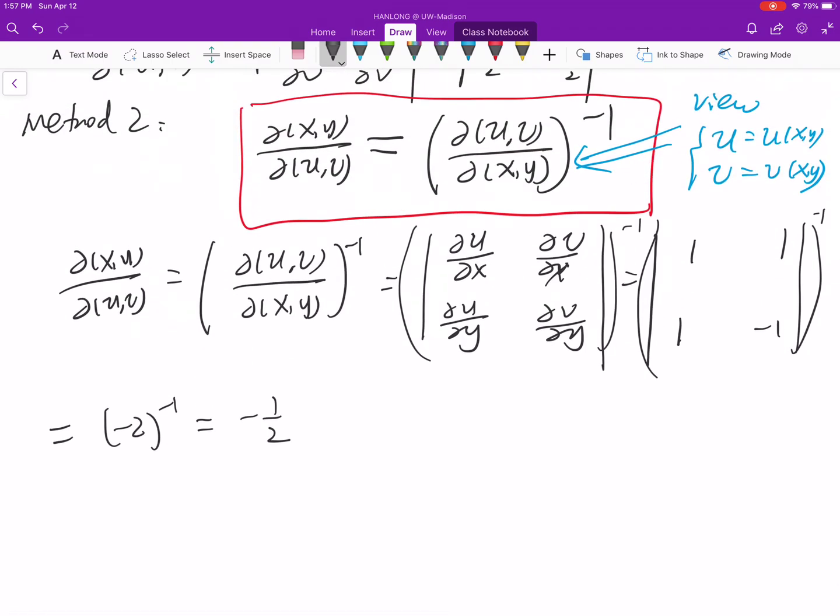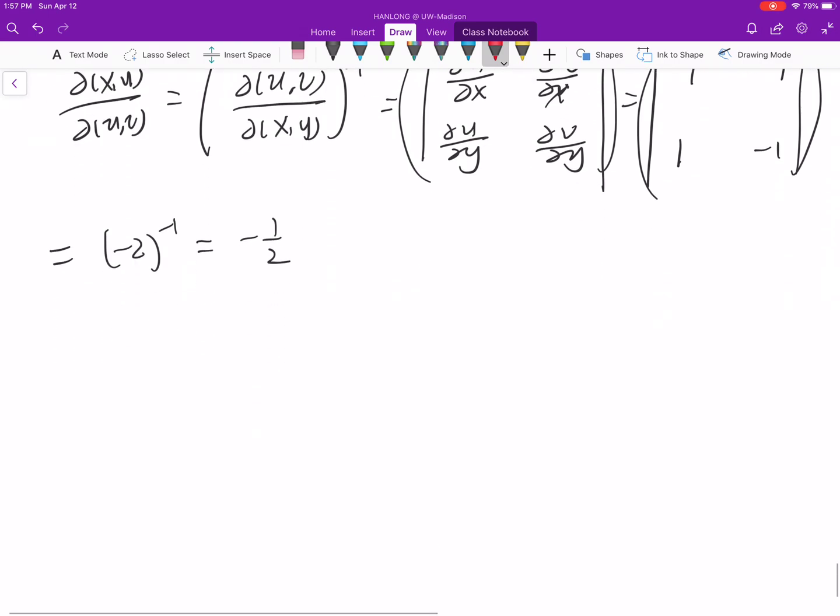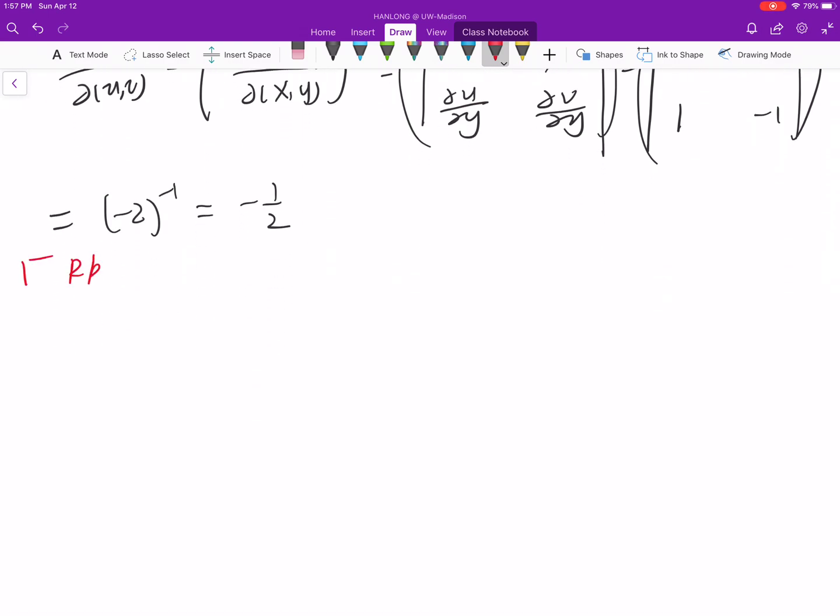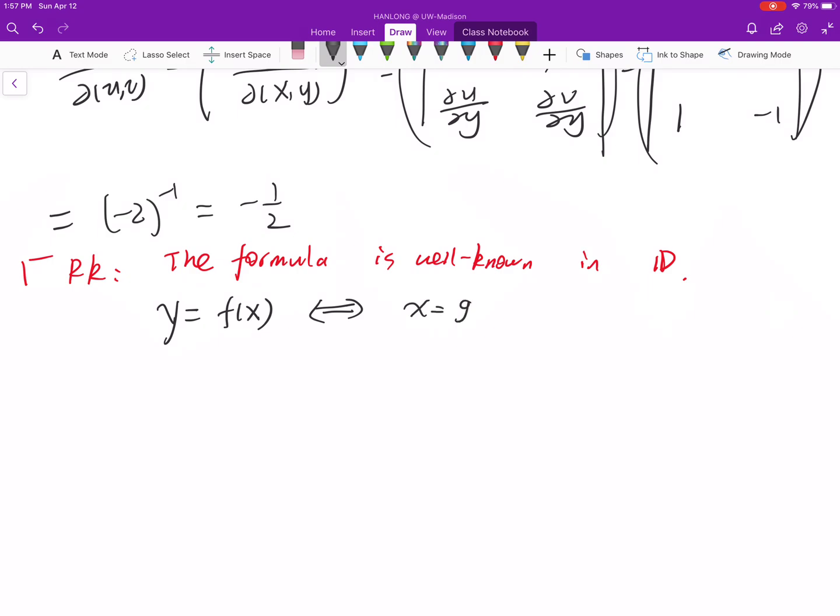Okay, a little bit of remark about the formula before we proceed. The formula is well known in 1D. Suppose you have y equals f(x), and you can solve it: x equals g(y).